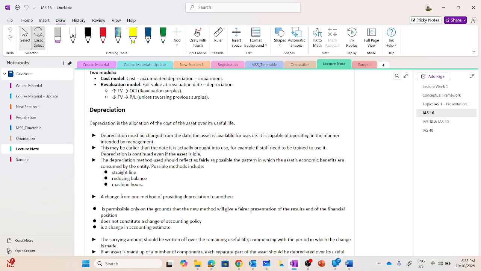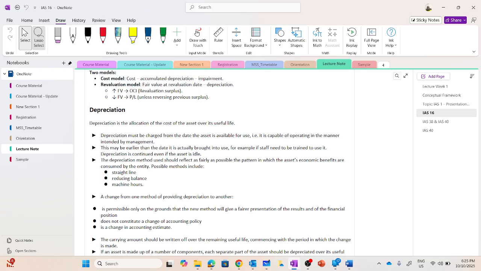So now, when we are talking about depreciation, you need to understand these bullet points. Depreciation must be charged from the date the asset is available for use. When we look at when to capitalize, we are going to understand this particular aspect of depreciation. But for now, we can charge depreciation when the asset is available for use. It is capable of operating in the manner intended by management.